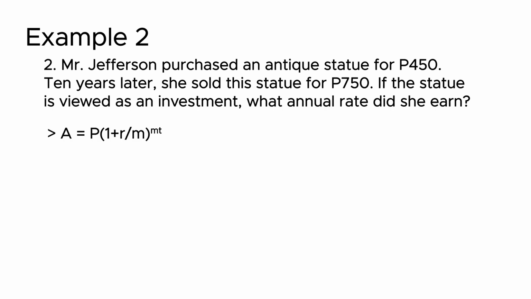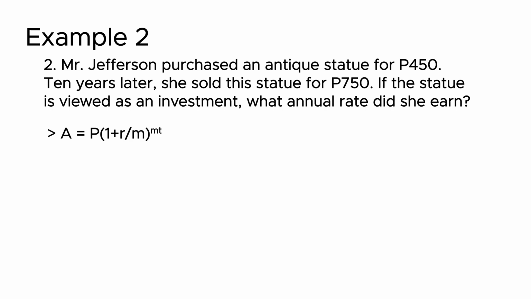A is equal to P times (1 plus R over M) to the power MT. 750 is equal to 450 times (1 plus R over 1) to the power 1 times 10. This is the same as 750 is equal to 450 times (1 plus R) to the power 10. We are solving for the rate R, and we will use the following steps.